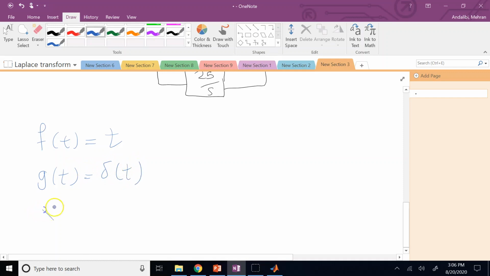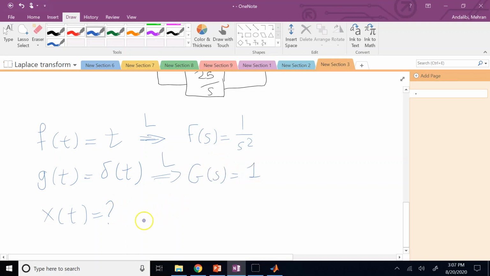What is x of t? Well, from here you take a Laplace transform, and so f of s is going to be 1 over s squared. You take a Laplace transform of this, and so g of s is going to be 1.